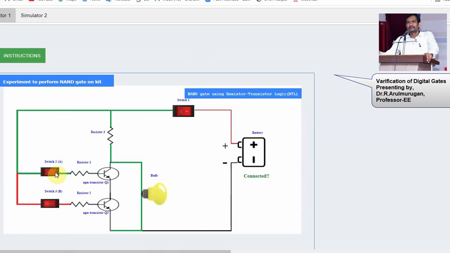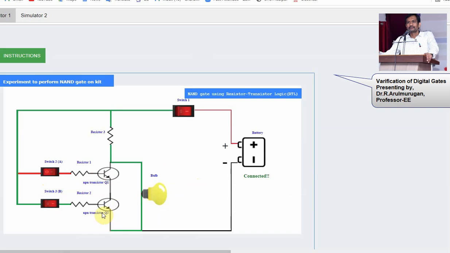Even if any one switch is on, the output is on. Both switches off, the output is on. Both switches on, the output is 0.